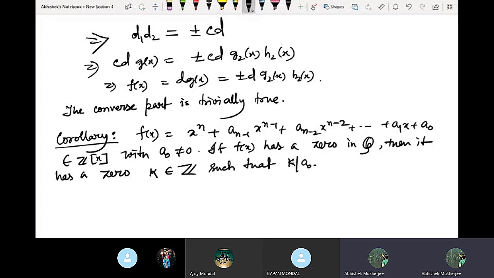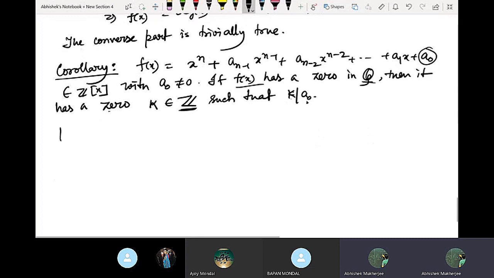That is, if we can find a 0 of fx in the field of rationals, then it must have a 0 in the domain of integers, having the property that that 0 will divide the constant coefficient. So this is important, and this will give you some clue that what the zeros may be. Okay.